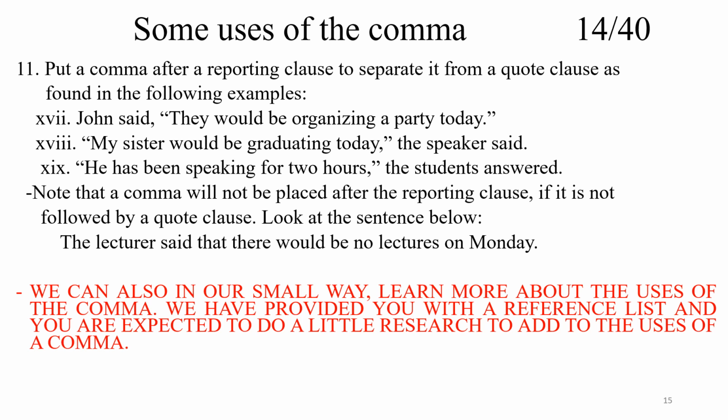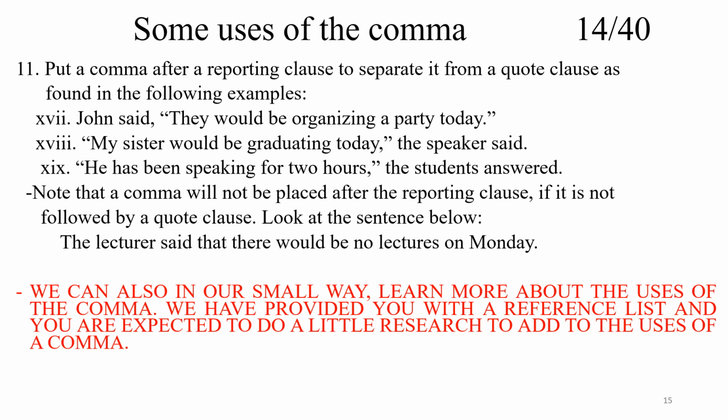If you are not quoting any exact word of the speaker, like maybe you want to say that John said that they would be organizing a party, this one, you know that I am not interested in quoting John's words verbatim. I'm just restructuring it. I'm using the indirect speech.